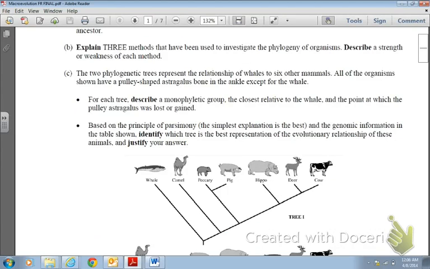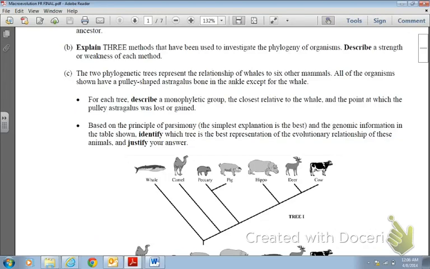So on part C, it says describe a monophyletic group. That's just one group. So right here, a whale is a monophyletic group. A camel is a monophyletic group. It's by itself. These are not monophyletic because there's 2 of them. Okay, so this is 3 questions.